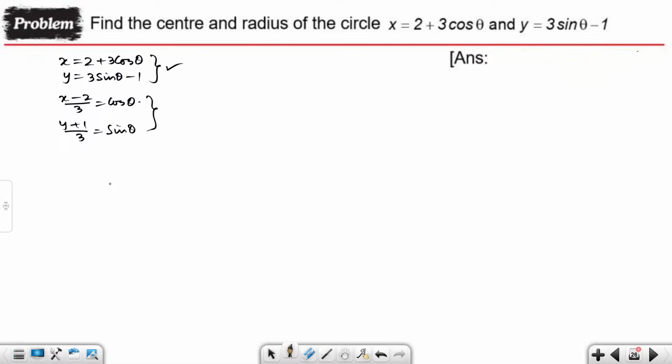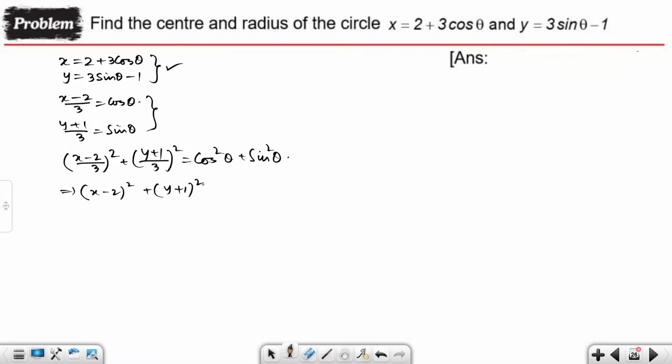Now simply square and add the corresponding sides. This gives us 1, so it gives us 3 square on the other side. Now what is its center? Your center is 2 comma minus 1, and your radius is 3. That's it, that simple.